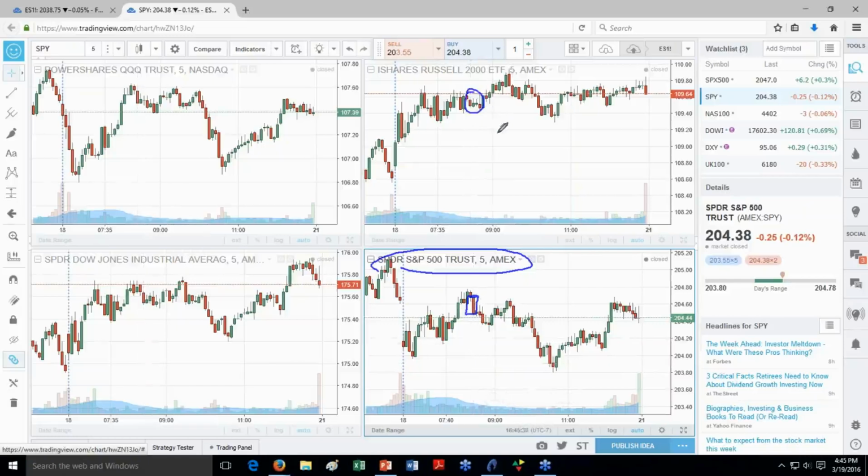I see that with Russell, we're still relatively strong. We are above our opening, so I don't want to short this, and that was a good decision, because what am I doing if I'm going to short here? If I'm identifying this as a potential reversal, yes, there is something for me to go down, but because it's so strong, it's being supported, I'm not going to have a big movement.